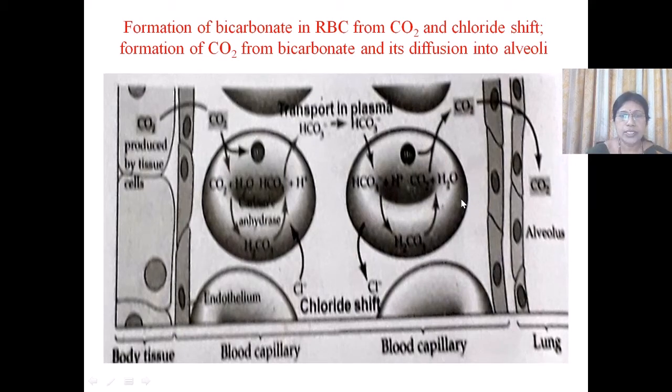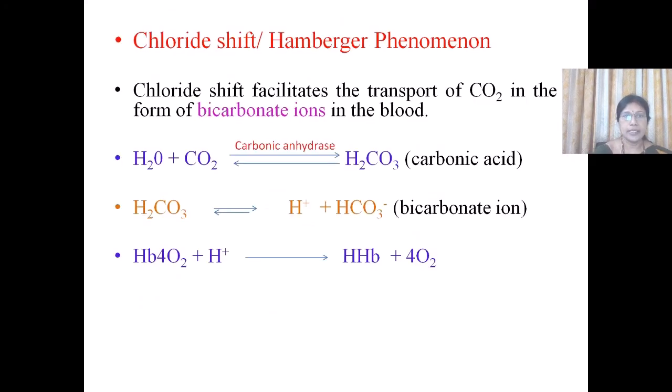The chloride shift has been described by Hamburger, hence this phenomenon is also called the Hamburger phenomenon. The carbonic acid dissociation increases the acidity of the blood and thereby decreases the pH.